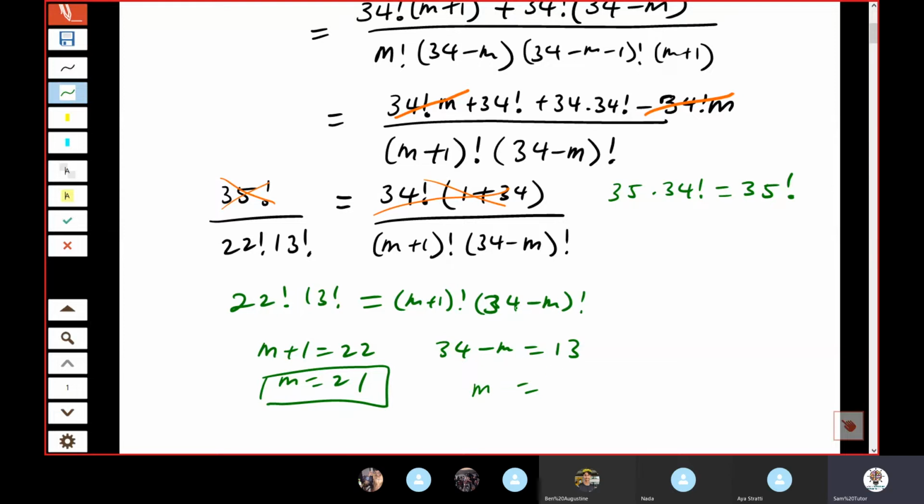Oh, 34 minus m equals 22, which means m equals 12.